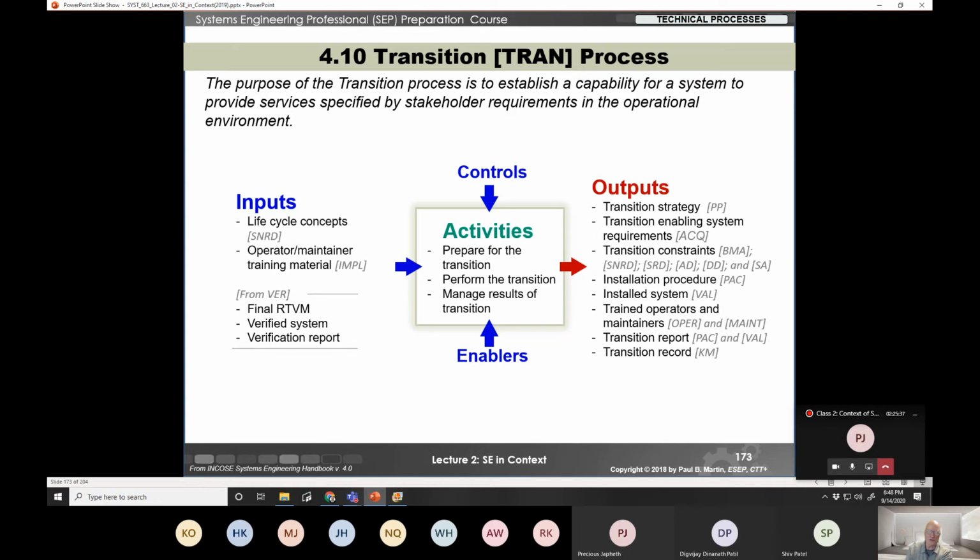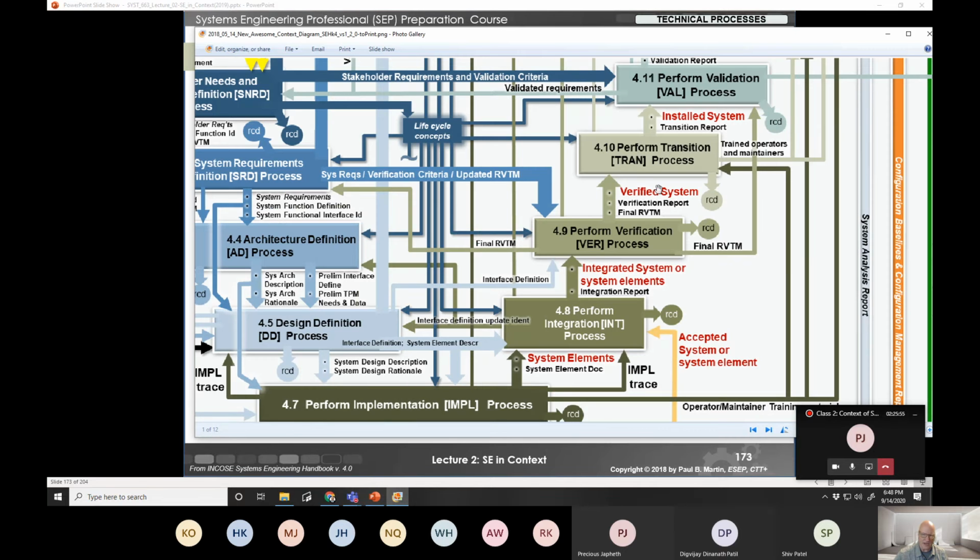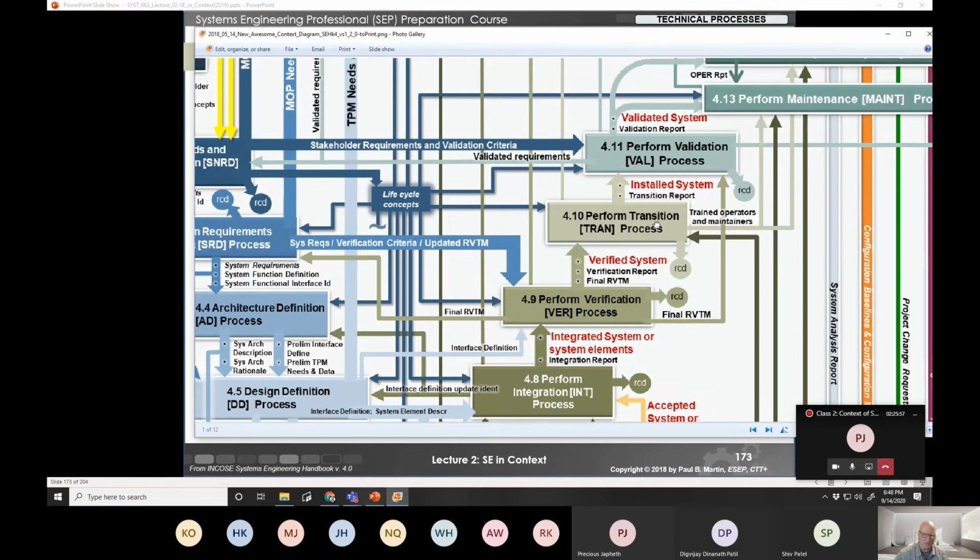It's at this point your trained operators come into play, even though you did that previously, but now they're actually going to be used. So you prepare and perform once you get your verified system and you come up with an installed system. You perform the transition, get it into its environment, then install it.